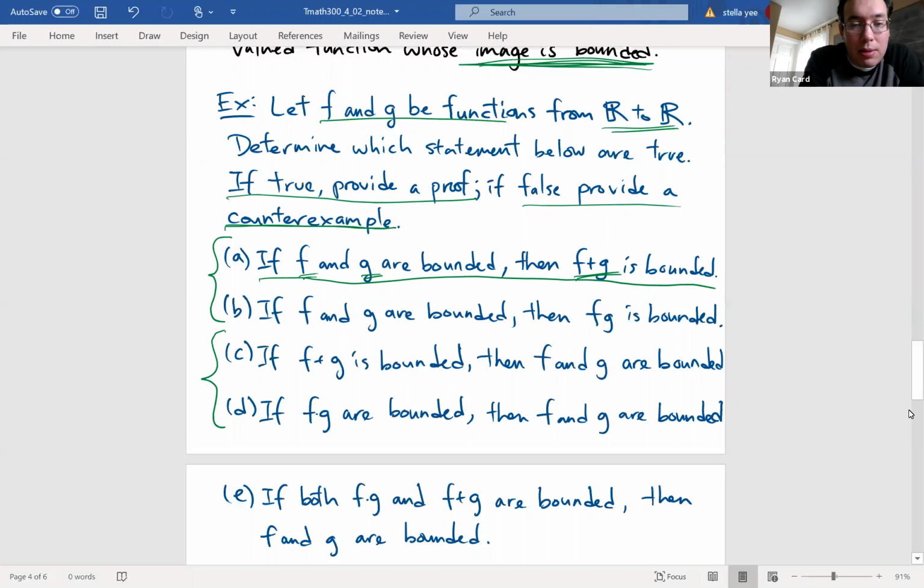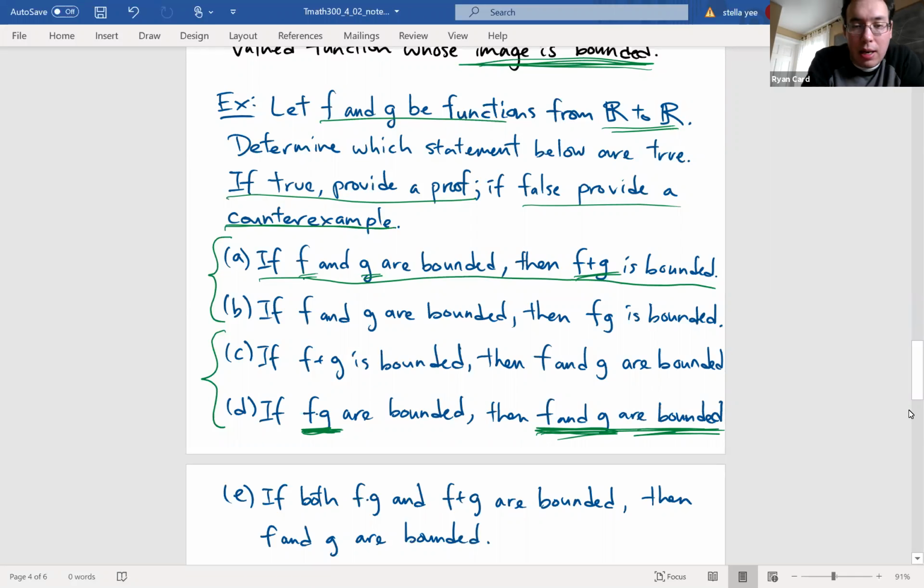And maybe I'll do D. This happens to be a false statement. Just because the product of the two functions f times g is bounded does not mean both f and g have to be bounded functions.